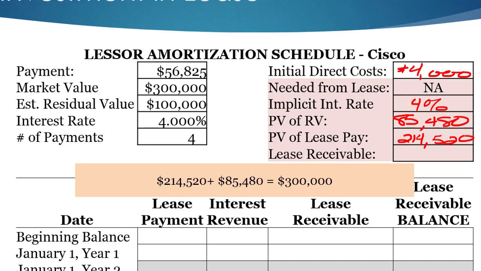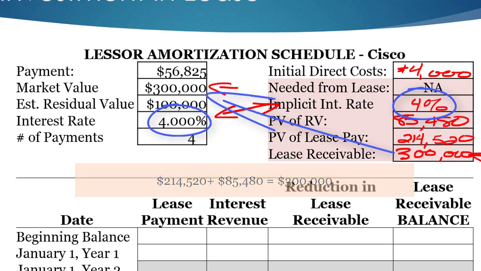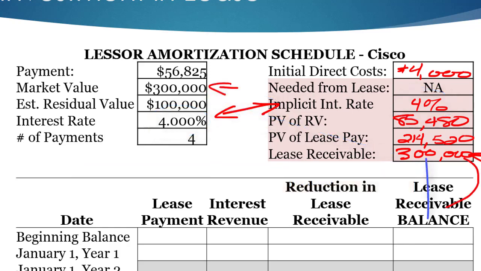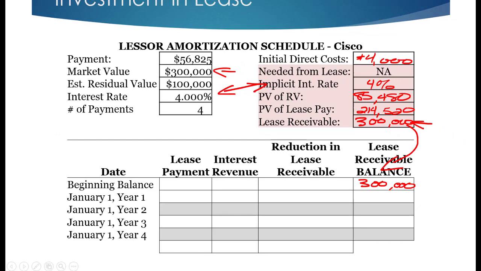I'm going to get that $100,000 back at the end. If I add them up, you'll notice that comes out to $300,000. And as long as these interest rates are the same, then this value will equal this value. And then I can bring this number down here and complete my amortization schedule.